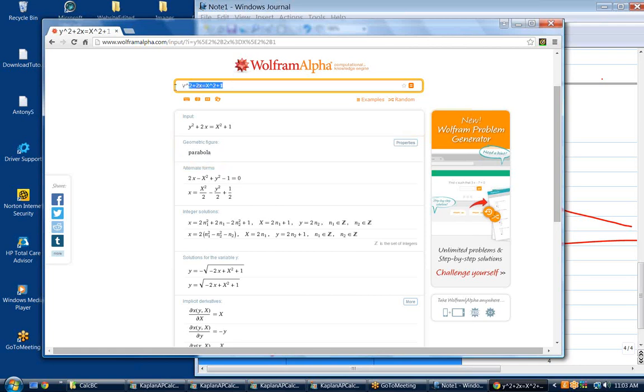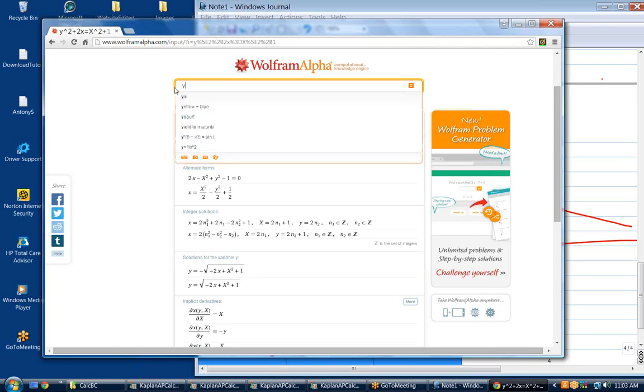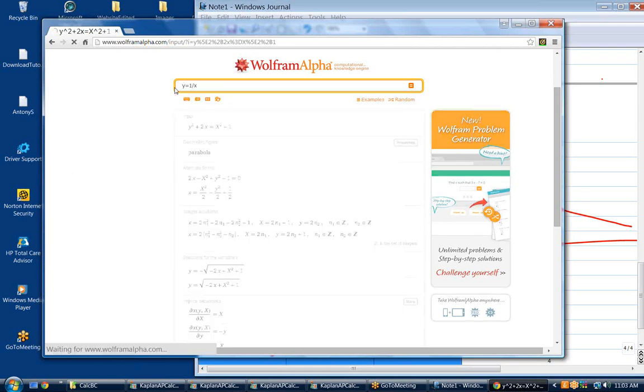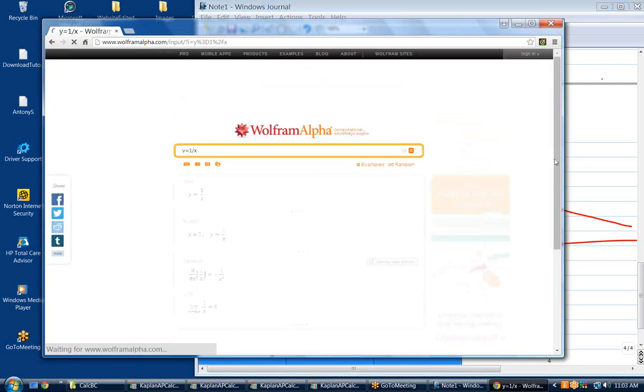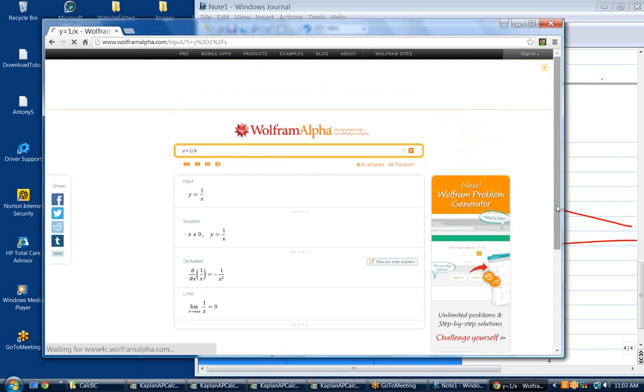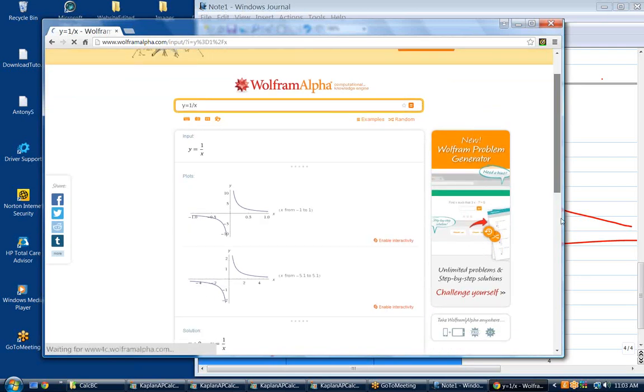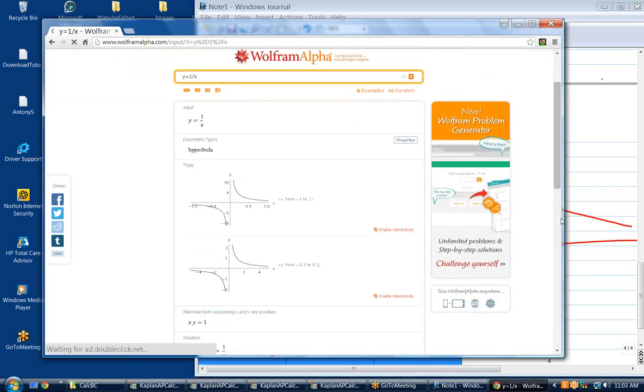I'm sure they'd graph my hyperbola, y equals 1 over x. Let's see if they graph that. That's a rotated hyperbola, after all. No, they do graph it. Well, that'll be something for us to discover. It is curious that they labeled it a parabola.